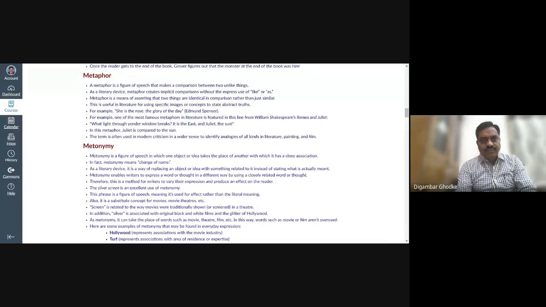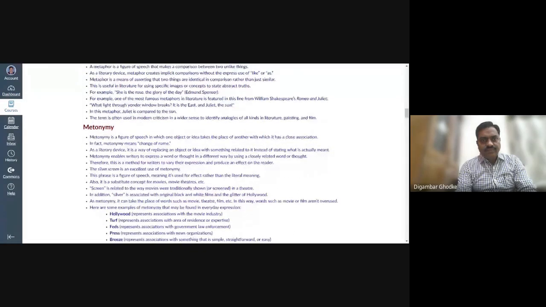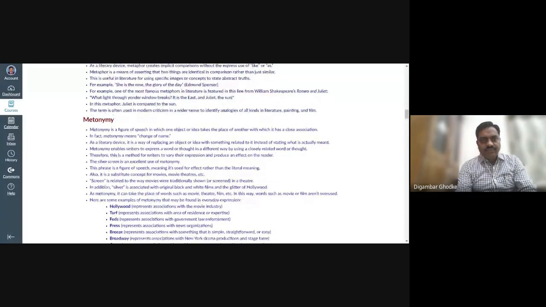One more example, a very famous example of metaphor in literature, is found in William Shakespeare's Romeo and Juliet. What light through yonder window breaks? It is the east, and Juliet the sun. What light through yonder window breaks?